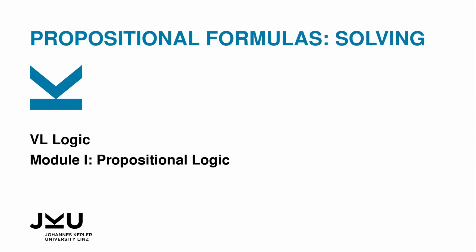But what we will do today is introduce two calculi which provide rules that can be applied according to the structure of the formula under consideration, and then use structural information to decide satisfiability or validity of a formula.